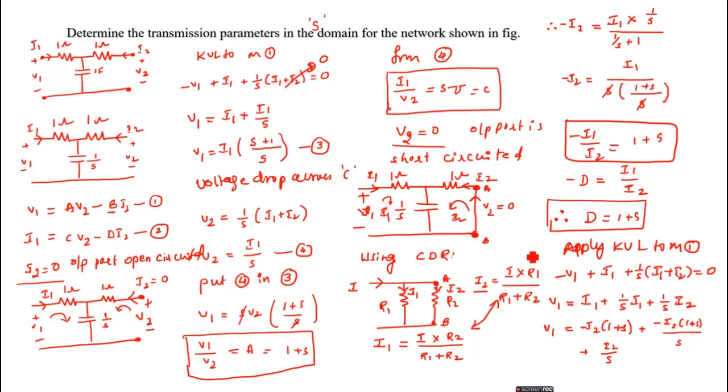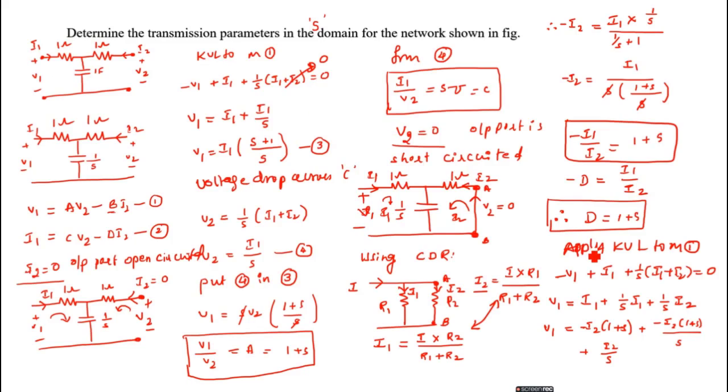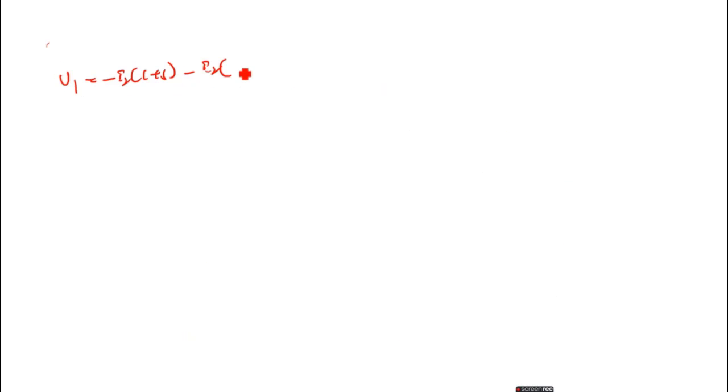V1 equals, I will write the same equation here, minus I2 into 1 plus S, minus I2 into 1 plus S divided by S, now plus I2 into S.